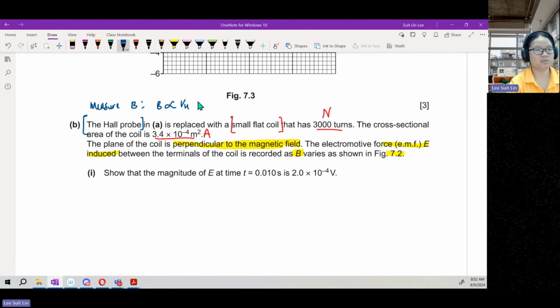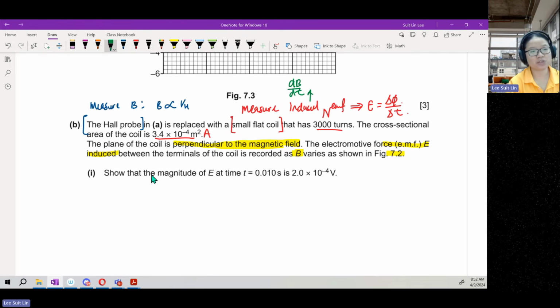So one is to measure B, this small flat coil with induced EMF is to measure induced EMF. But what we are measuring when it comes to measuring induced EMF is we are measuring the change in magnetic flux. So when we measure induced EMF indirectly, we are measuring dB/dt.